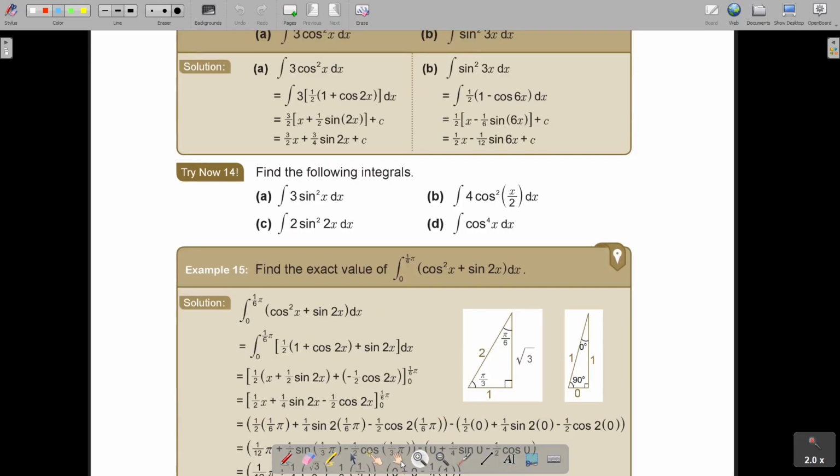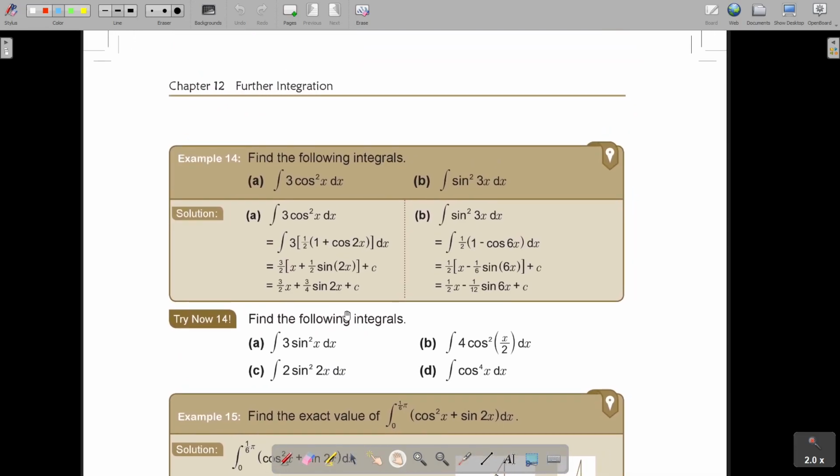But if you look at this example here, it's more or less the same. If I integrate, 1 is becoming x. But this is becoming a half. And then the cos changed to a sin. And I keep that the same. That is what I wanted to show you in this question.